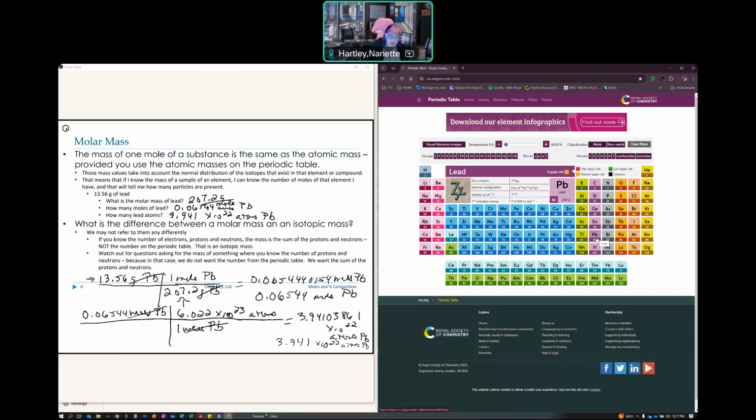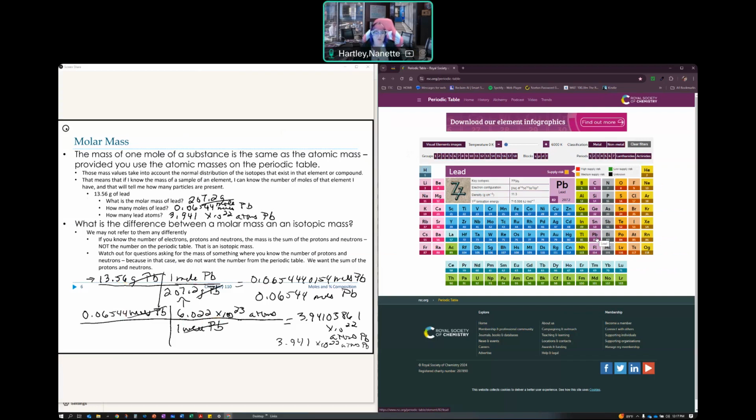So I can go between the mass that I started with to the number of moles, from the number of moles to the number of atoms. So I can do that. It's perfectly possible and something I should be able to handle.